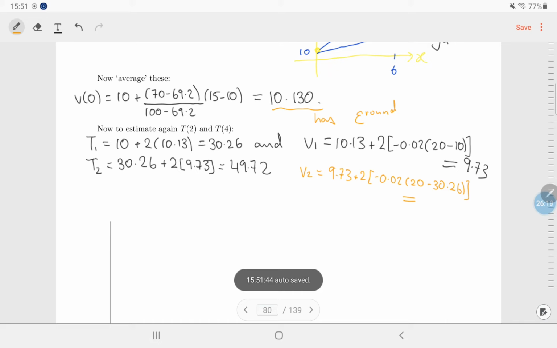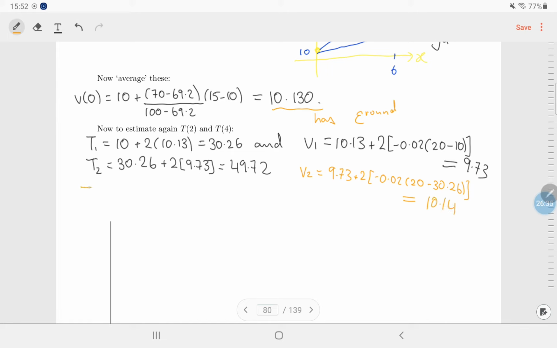That comes out to, now we're only going to use 5 significant figures, so there's extra rounding error here. So 20 minus 30.26, 10.14.